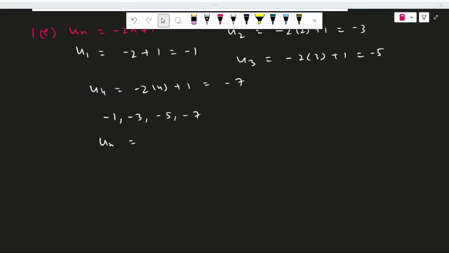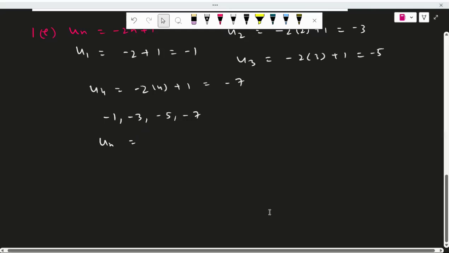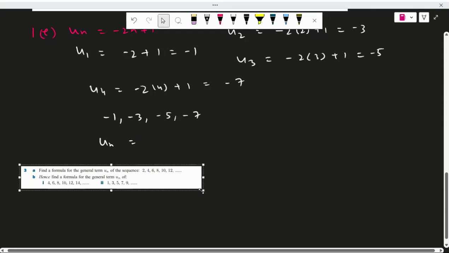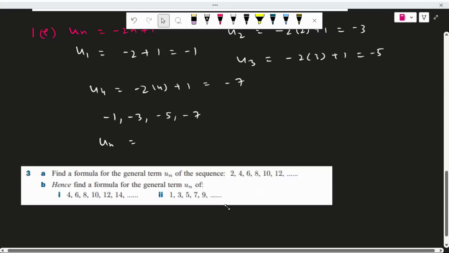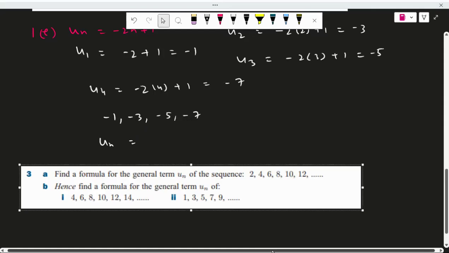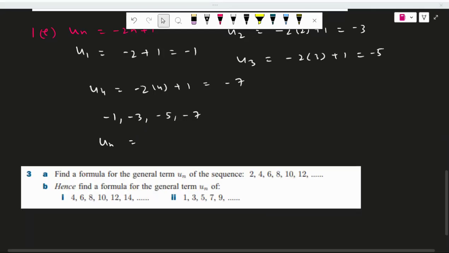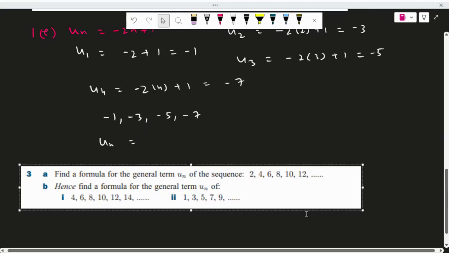Find a formula for the nth term. Okay, Rajveer.